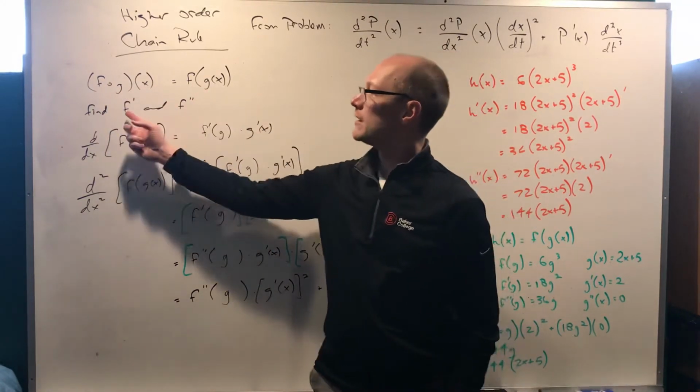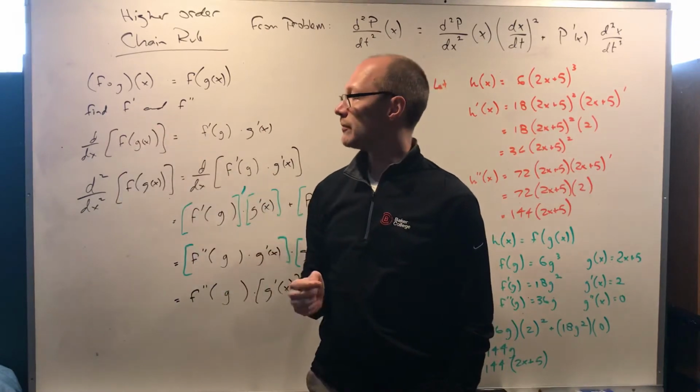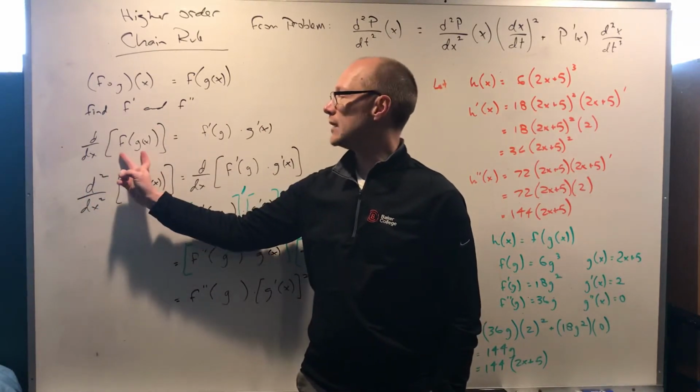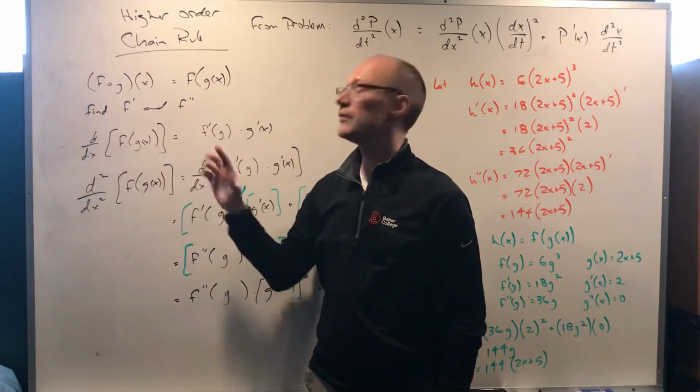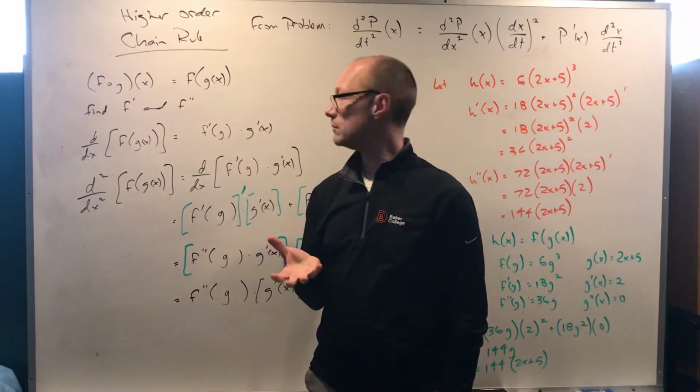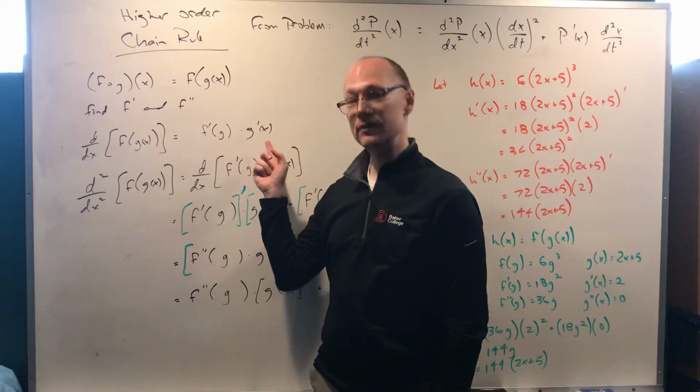If we want to find the first and second derivative, well, the first derivative of a chain rule is the derivative of the outside function times the derivative of the inside function.